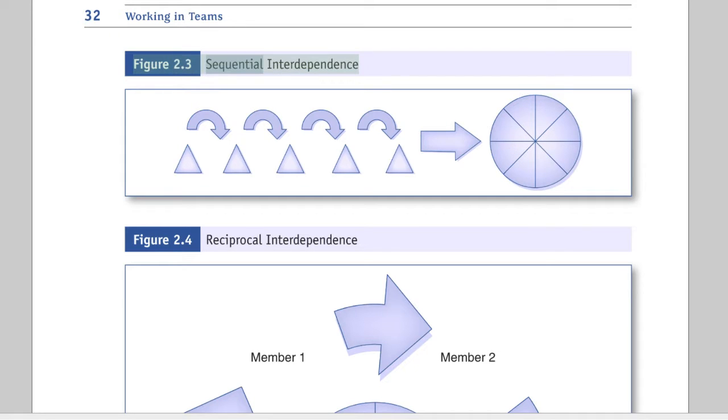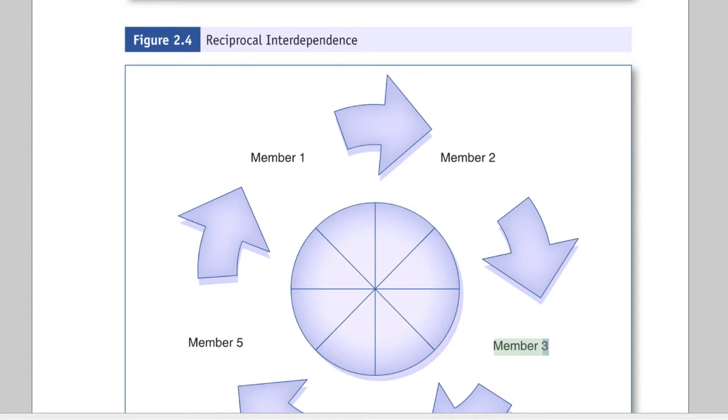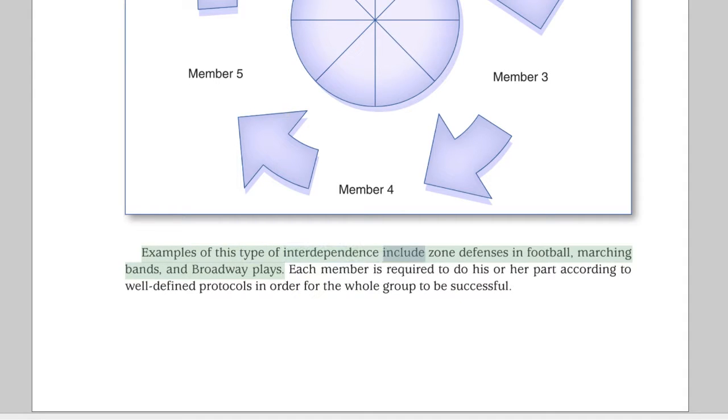Figure 2.3 Sequential Interdependence. Member 1. Member 2. Member 3. Member 4. Member 5. Figure 2.4 Reciprocal Interdependence. Examples of this type of interdependence include zone defenses in football, marching bands, and Broadway plays. Each member is required to do his or her part according to well-defined protocols in order for the whole group to be successful.